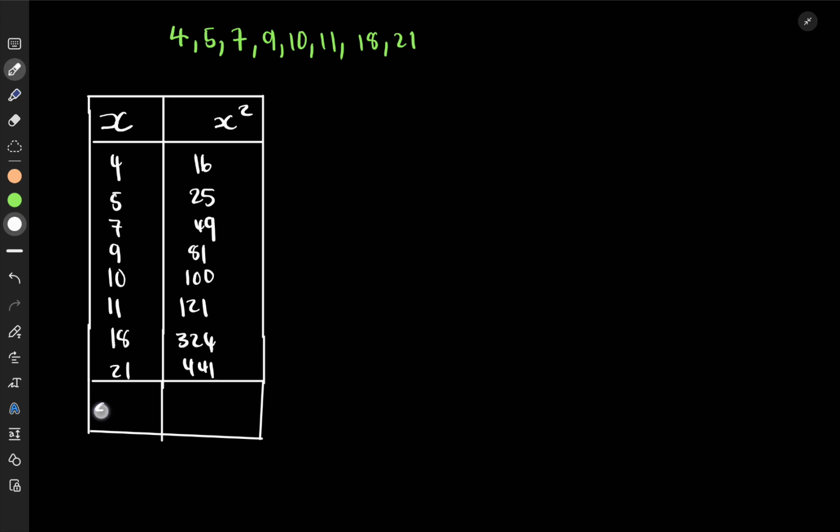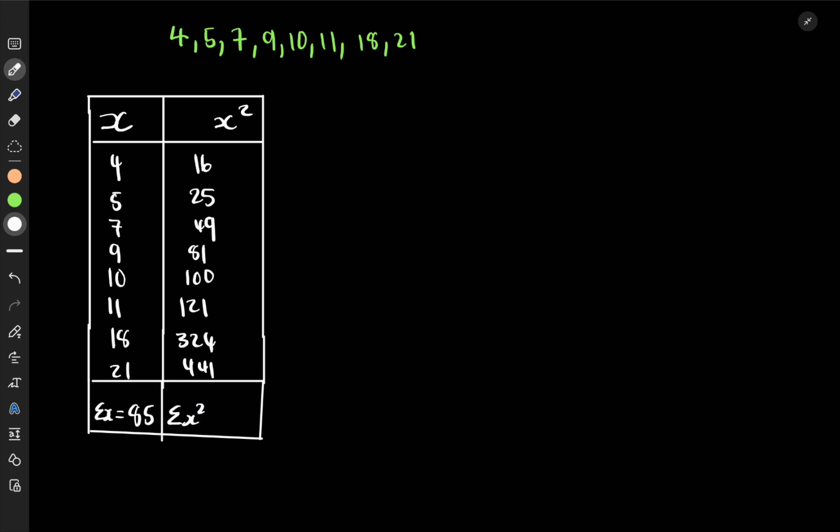Then you say summation of x, you put it here. It's going to be 4 plus 5 plus 7 plus 9 plus 10 plus 11 plus 18 plus 21, and you're going to get 85. Make sure you make it a bit bigger than I have. Summation of x squared, now you're going to need it.